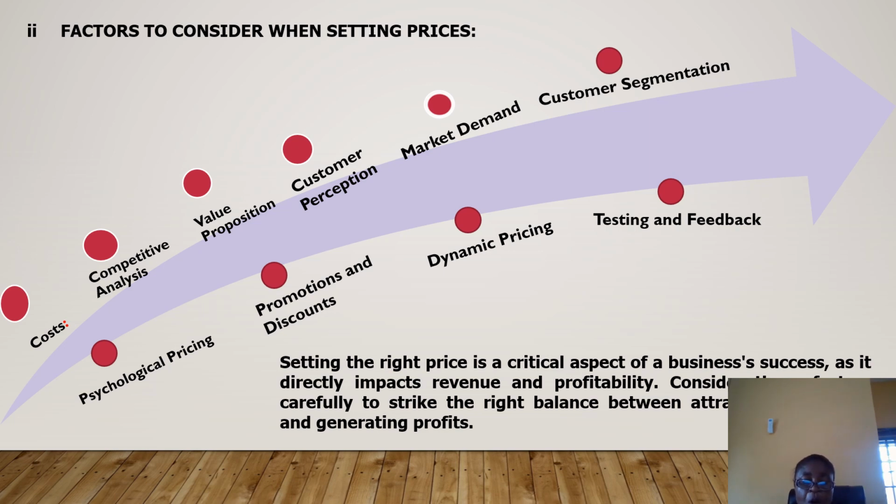The ninth one is dynamic pricing. Here, consider a dynamic pricing strategy that adjusts prices based on real-time factors like demand. When there is excessive demand for a particular product, the price can be a little bit increased. When there is not much demand, that's when the law of demand comes in. The higher the demand, the higher the quantity supplied, and the higher the price of that product.